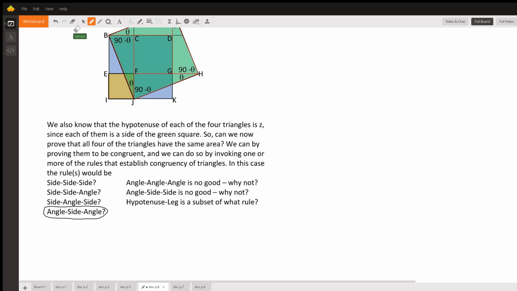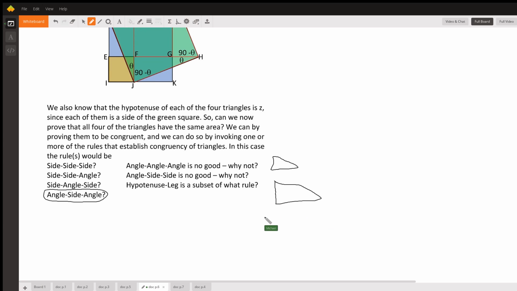Okay, do we know whether angle, angle, angle would work? We know three angles, but it's not any good. Why not? Because we can have triangles with the same angles that are not the same size. So those are called similar rather than congruent. So that's no good. Angle, side, side is no good.